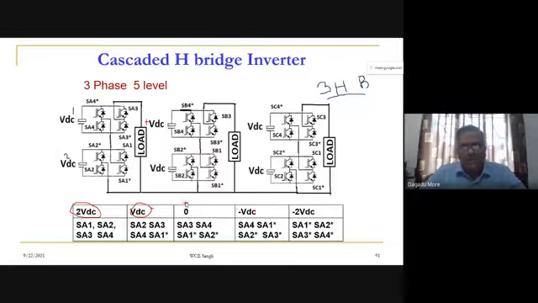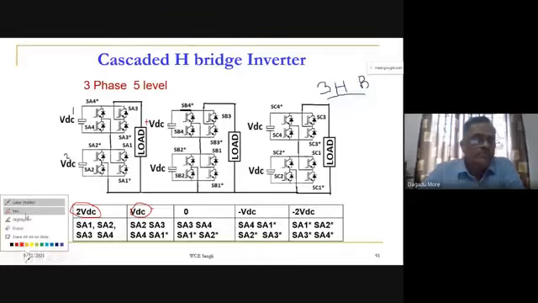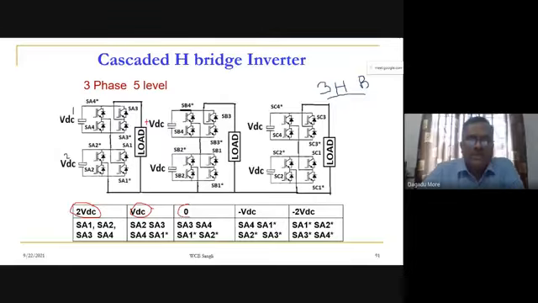Now, when do we get a 0 voltage level? So here we discussed that when 2 voltage sources are added together and come across the load with positive polarity, we get 2 VDC.